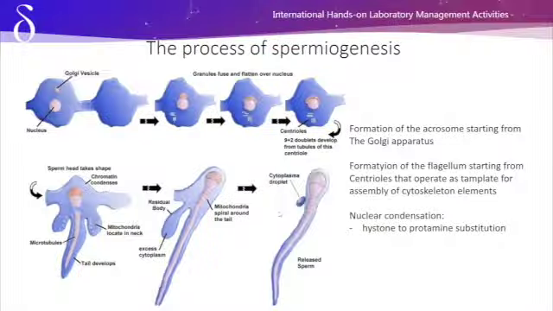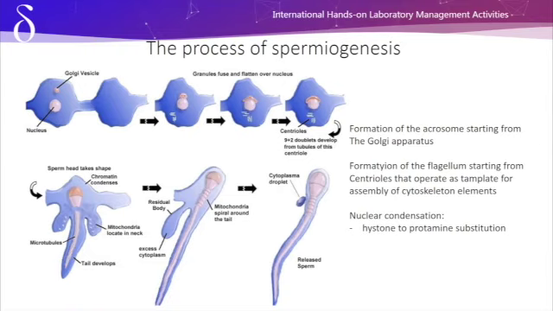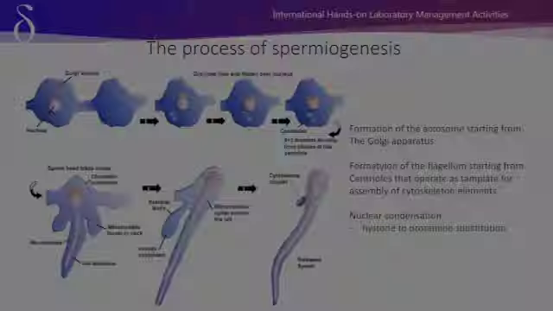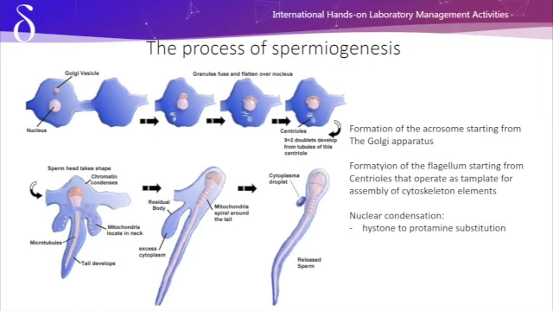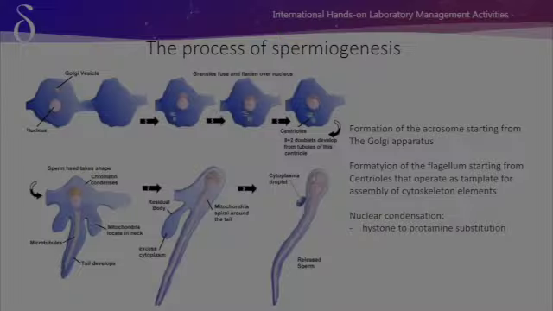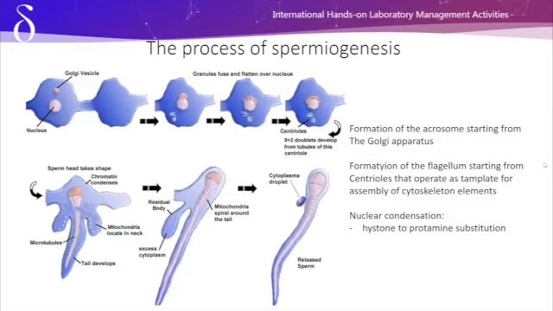This is a schematic illustration of the complex process of spermiogenesis, which leads, as I said before, from a round cell to a flagellated cell. During the process of spermiogenesis, some structures that are important for the sperm cells and for fertilization of the oocytes are formed. The first one is the acrosome.